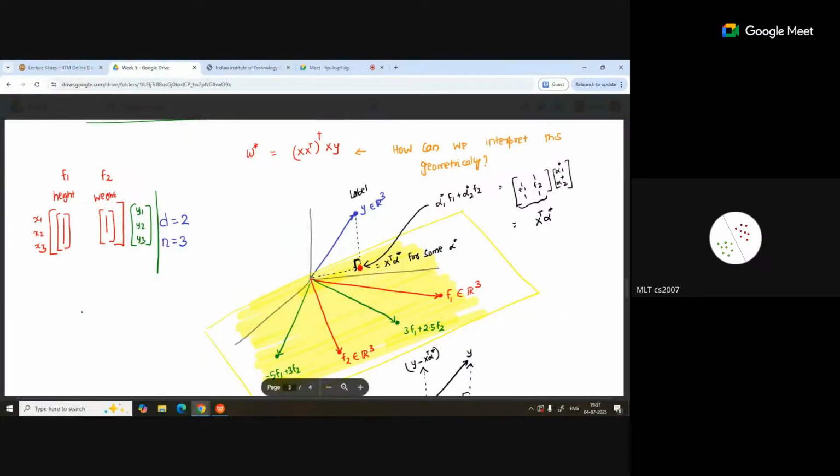You want to find a best fit line through all these data points. How many lines can you draw through these data points? Infinite lines we can draw.